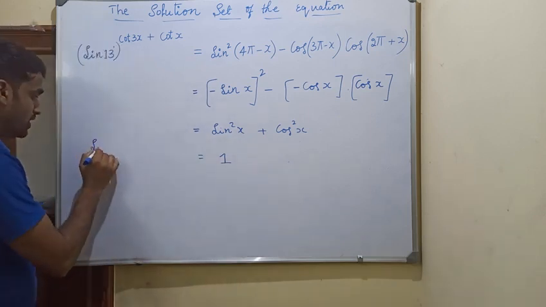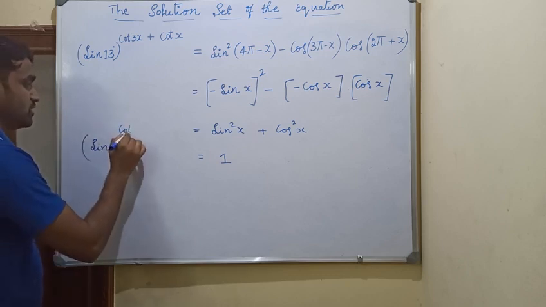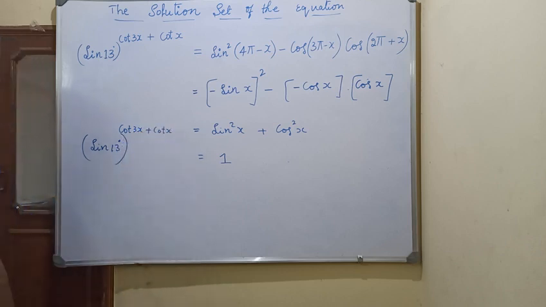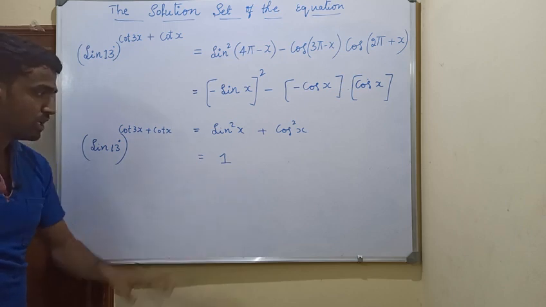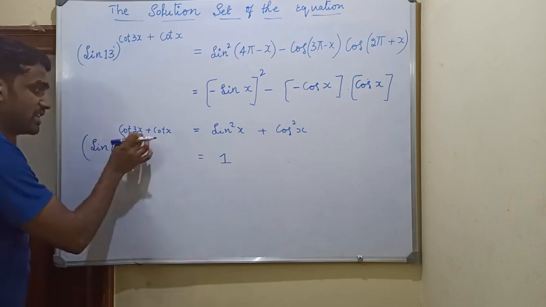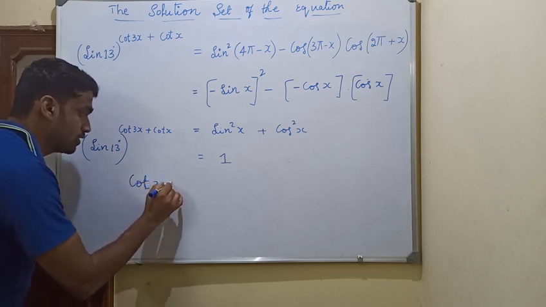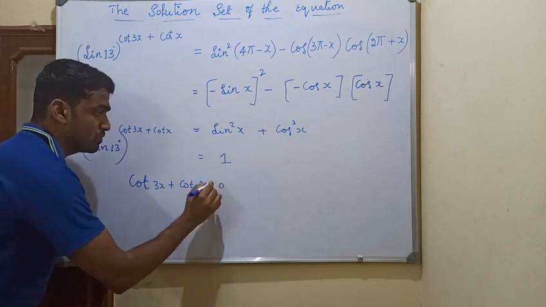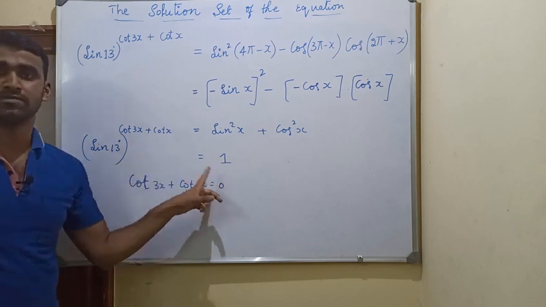So if we equate it to the LHS of the given equation, (sin 13°) to the power cot 3x + cot x is equal to 1 only when the power of sin 13° is equal to 0, because anything to the power 0 is 1.